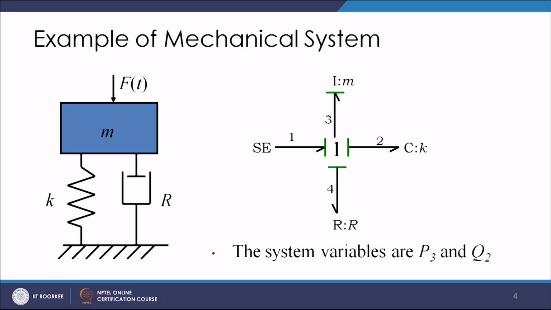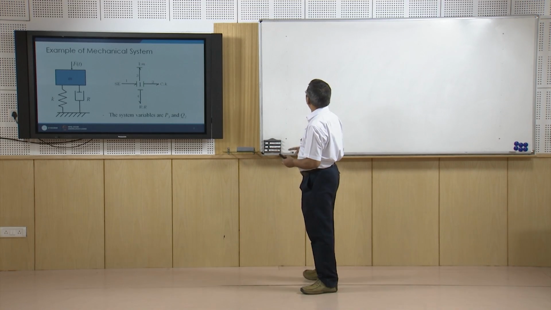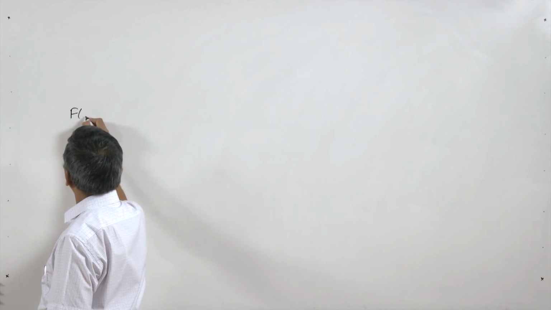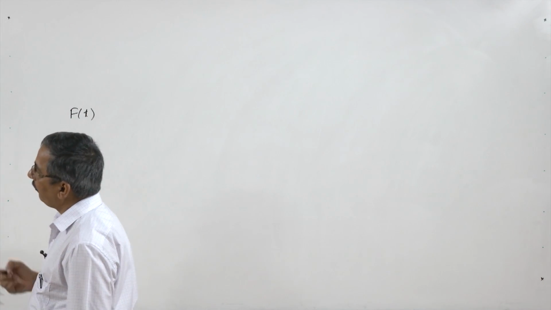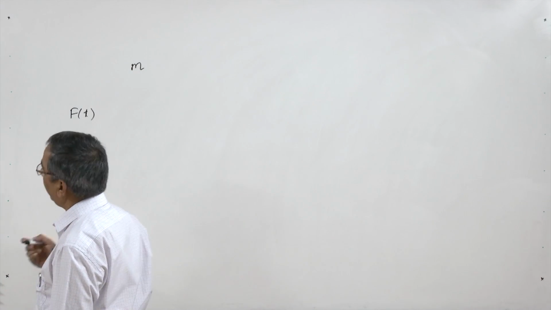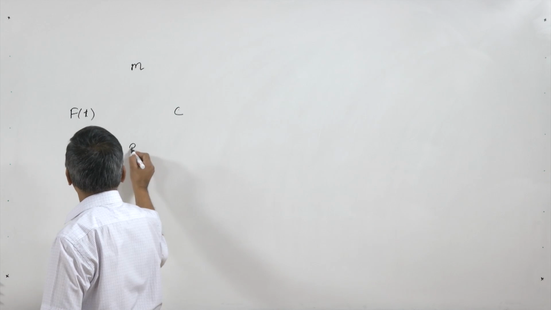As we have seen in the general procedure, first we identify what elements constitute this system. Here we have a force acting on the system, a mass, a spring and a damper.